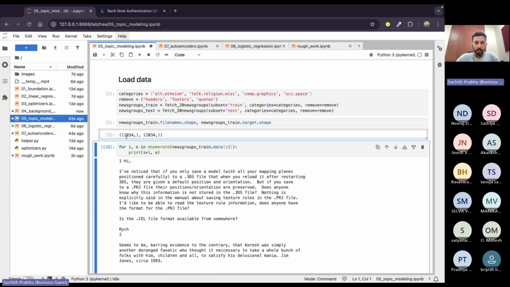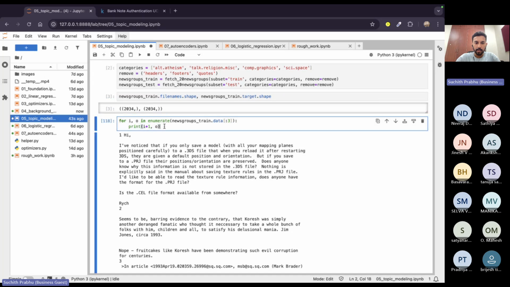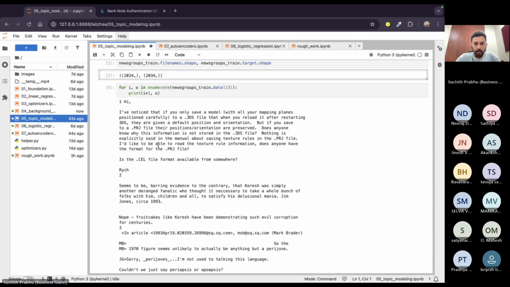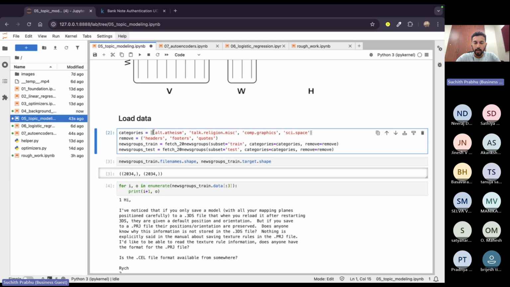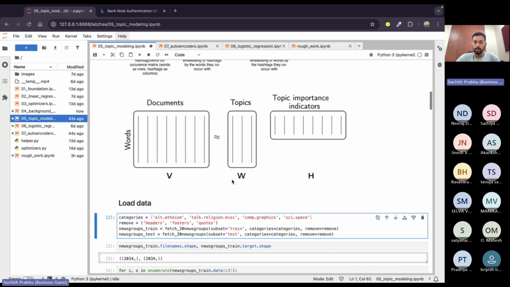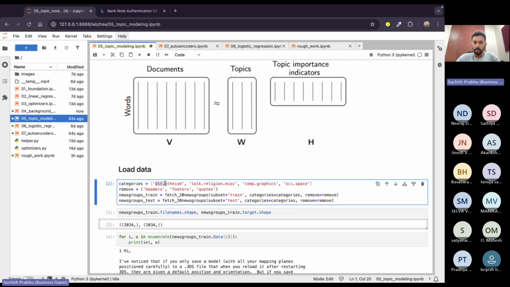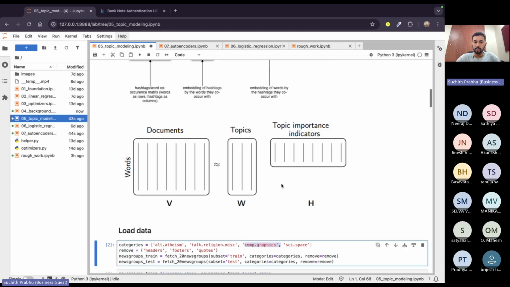There are 2K training points in this data set, and here are some documents present in it. We've used just these four topics, and after topic modeling we should be able to recover them by looking at the words that are active for each topic. This ground truth information about the topic we are nowhere using, so basically this is unsupervised learning.